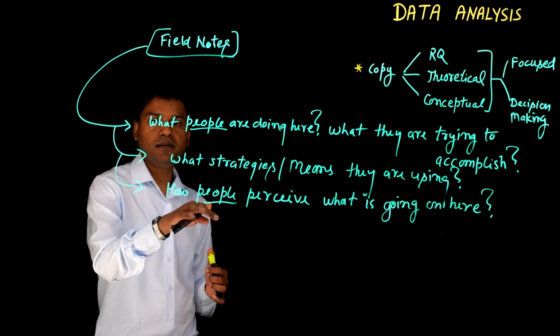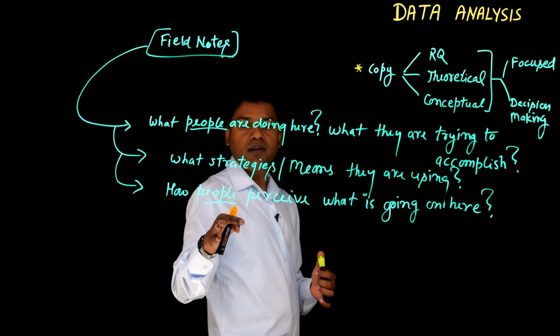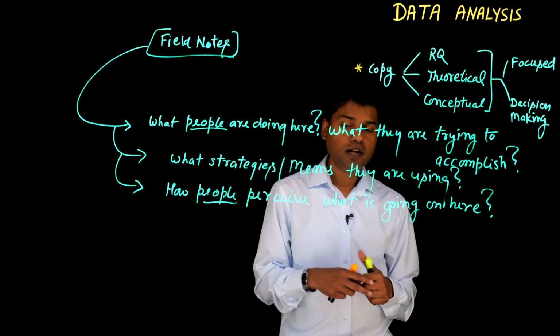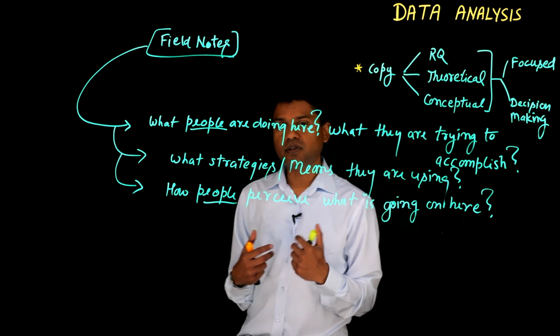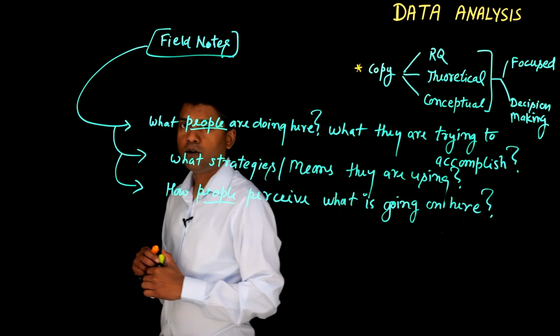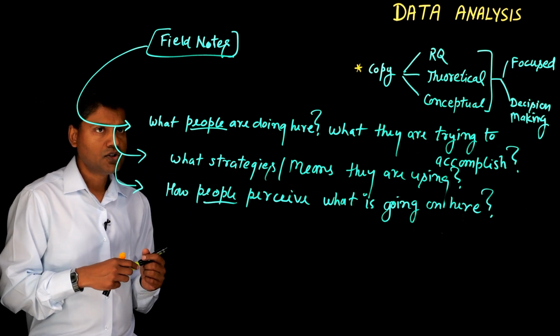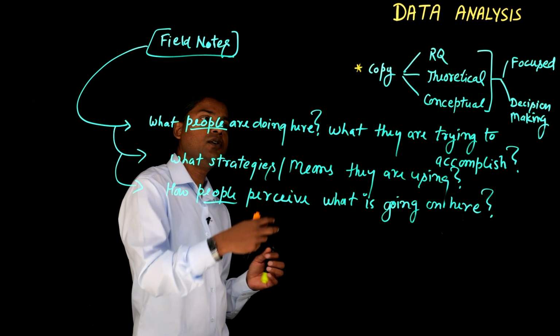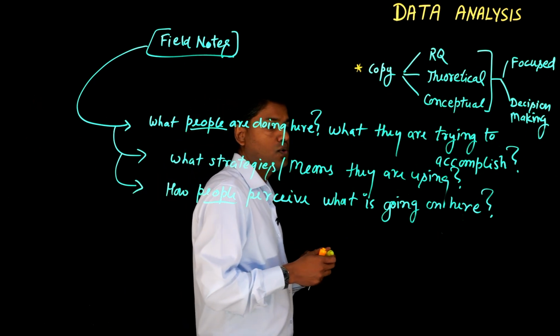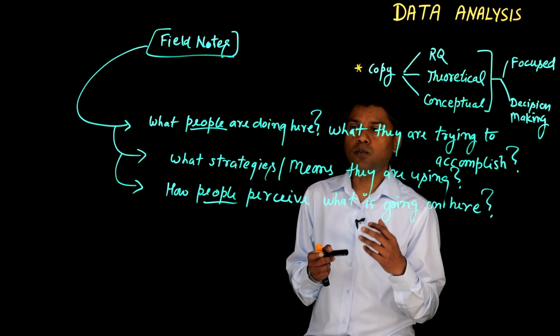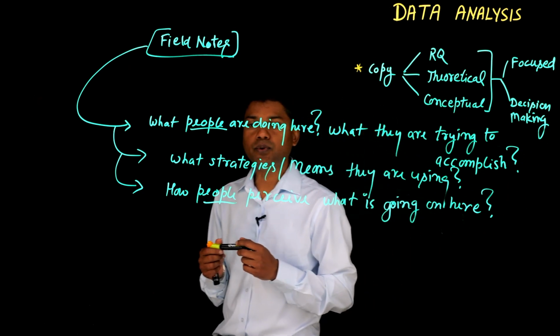It could mean one person, or it could mean a group of people in their natural setting. And as a researcher, I'm there doing my observations and preparing my field notes. So what people are doing here, what are they trying to accomplish? What strategies or means are they using to accomplish those?